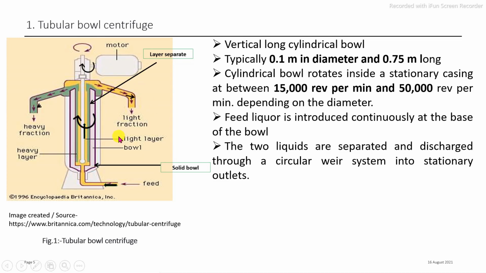We can also use this tubular bowl centrifuge for separation of immiscible liquids. In that case there is a provision of a two-way outlet: the central outlet, that is the lighter fraction outlet, and the heavy fraction outlet, this is the second outlet section. That means separation of cream from milk, or separation of oil from the liquid constituents.